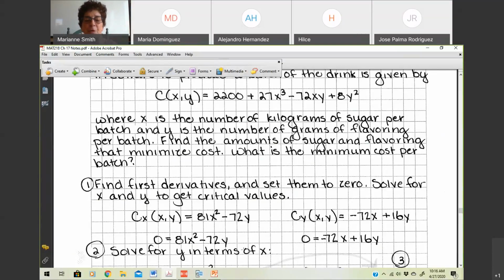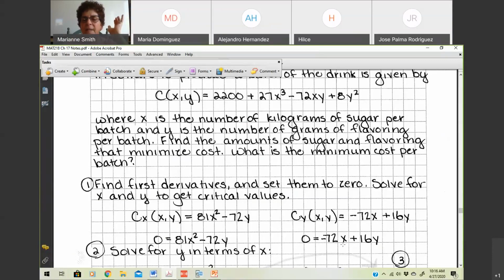Set these both to 0. Now you can see I don't have two linear functions. This one's linear, but this one's not, so matrices aren't going to work for me. So I have to figure out how to approach this.